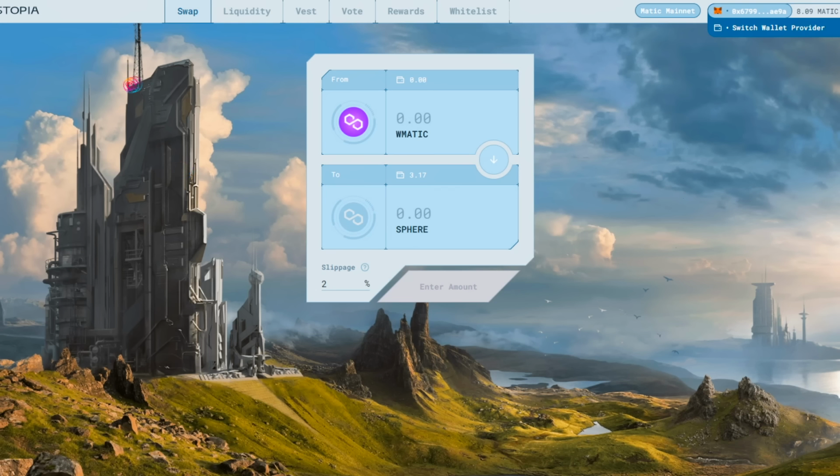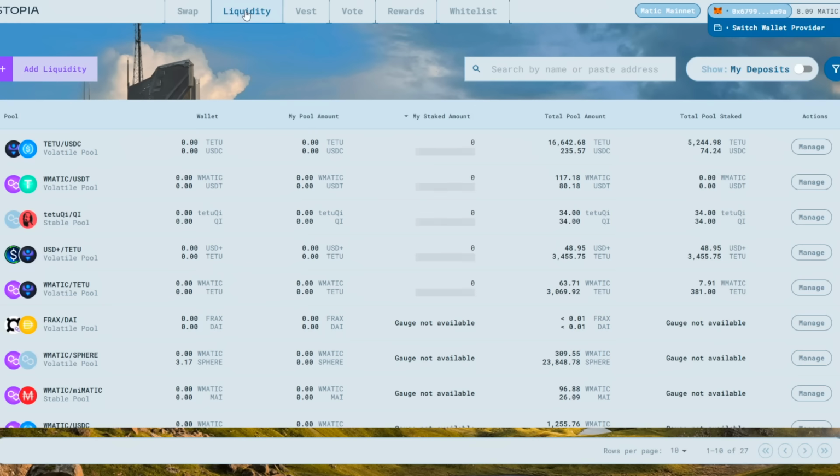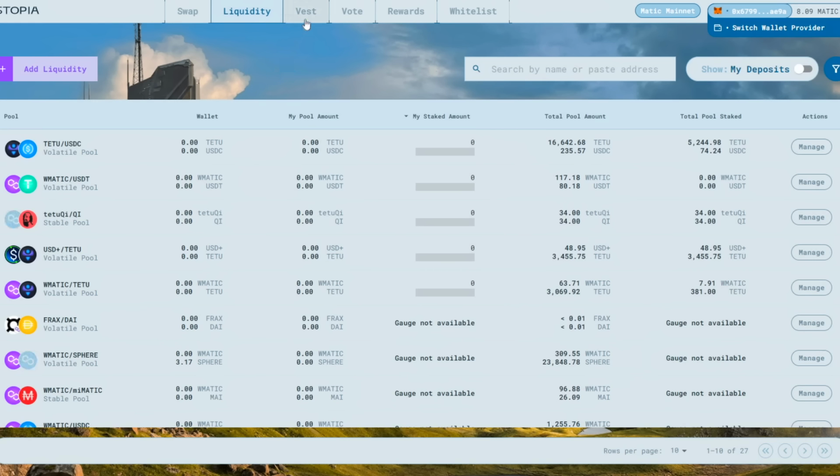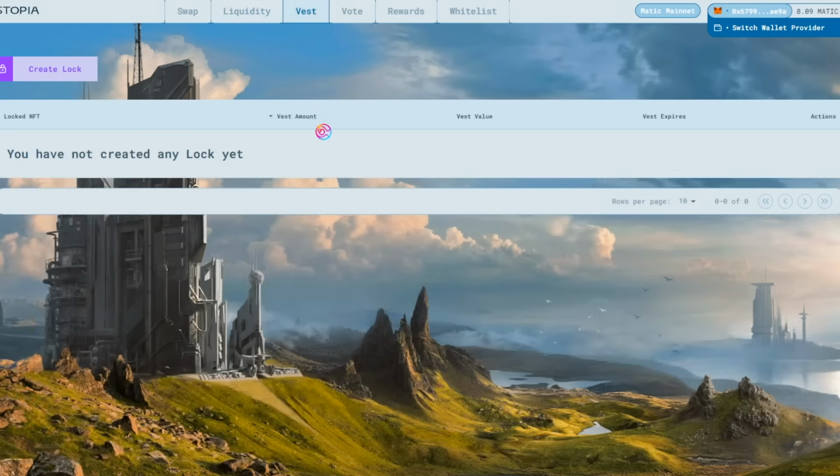Dystopia is a new, decentralized exchange on the Polygon network based on Curve, with improved incentive mechanisms for both liquidity providers and stakers. I won't be going into detail about Dystopia in this video, but in a nutshell, users can deposit liquidity pool tokens to earn emissions that can then be vested or locked for voting power.